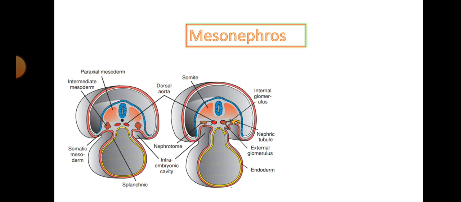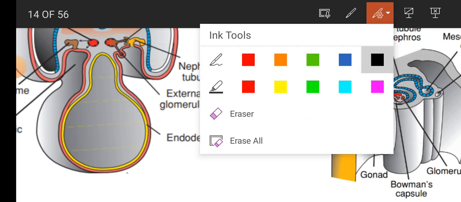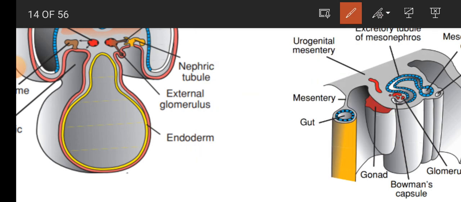The mesonephros, that is the middle one, is forming till the 8th week. It has a transient excretory function, but that also starts regressing. Now what happens here, you can see in this picture, this is the urogenital ridge which we were talking about.